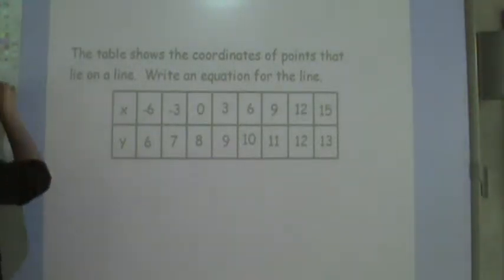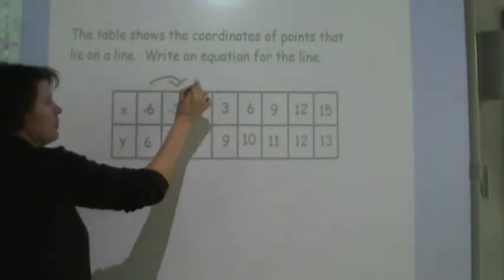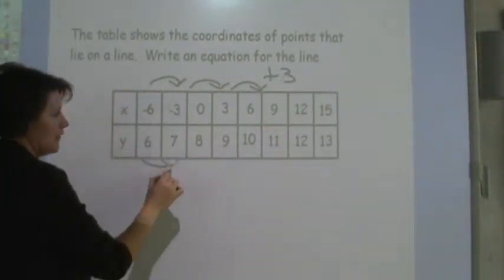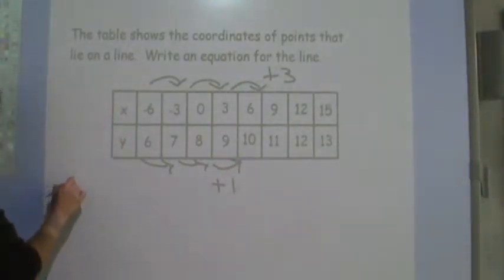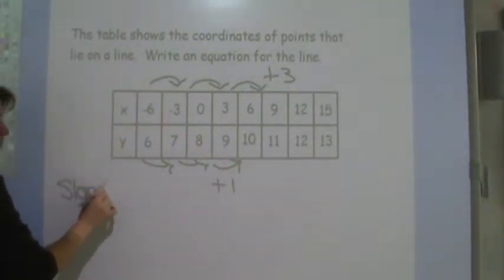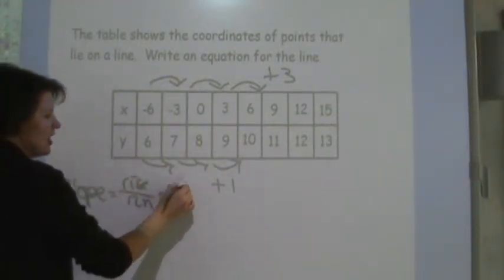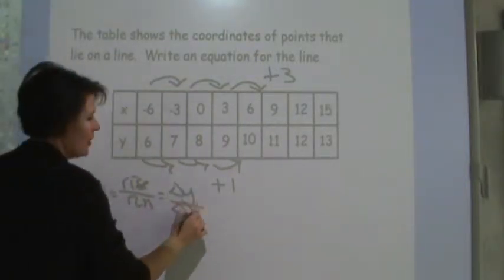Or we could figure it out from the table. What you do is you figure out the pattern. How do I get from here to here, from here to here, from here to here? Well, that's plus 3. How do I get from here to here? It has to work every time. That would be plus 1. So we think about our slope. Our slope is rise over run. Well, that would be our change in y, because that's our up and down axis, over our change in x.